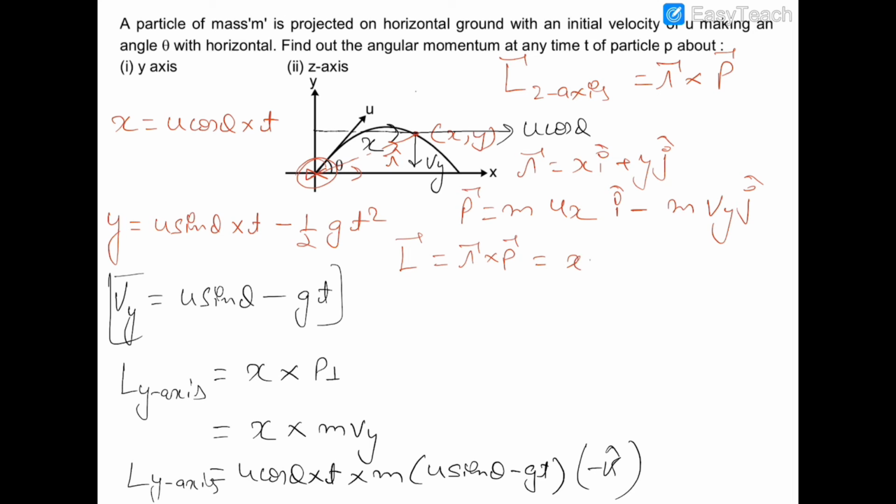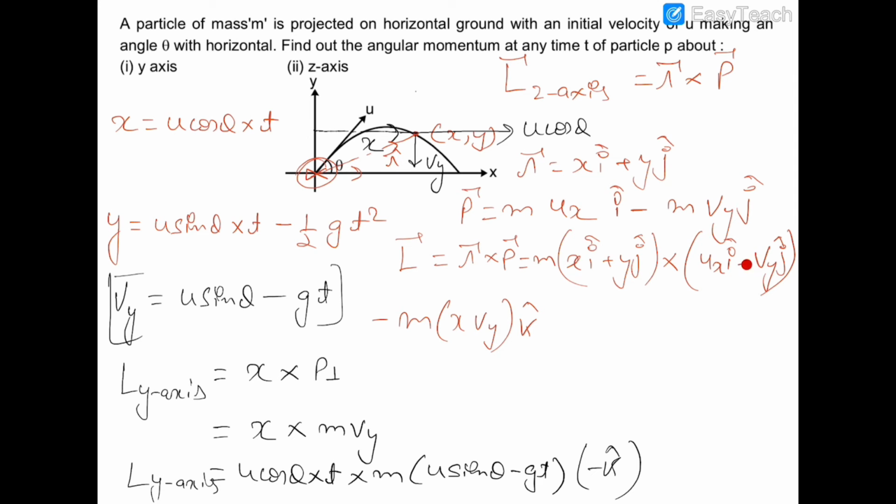So this is x i cap plus y j cap cross with ux i cap minus vy j cap, and m, the mass, is taken common. So this is m, and i cross i is 0 while i cross j is k. So this is m into x vy into minus k cap.